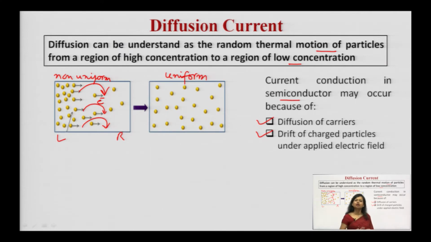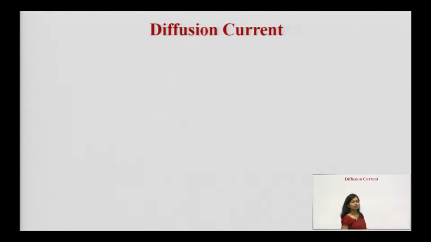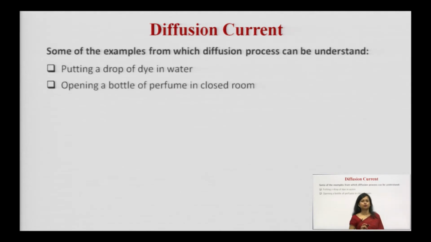Electrons will be carried in one direction, holes in the other direction. So, for current conduction these two things are important: first is diffusion and the second is drift. I hope these 2 points are clear to you.